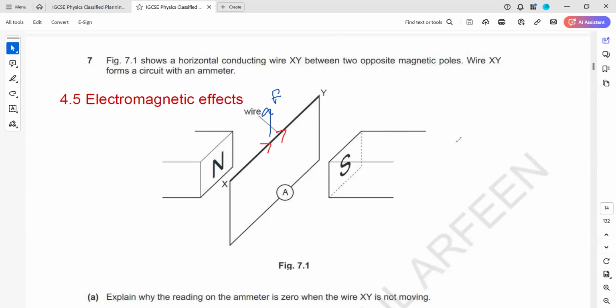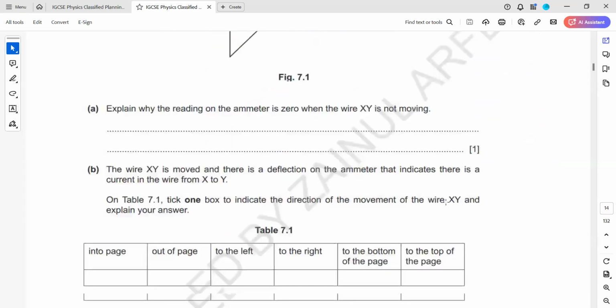What actually happened is we have a magnet, we have two magnetic poles. The wire is in the magnetic field. We move the wire, and because of the motion of the wire there is a change in magnetic field, and this change in magnetic field produces a current from X to Y. So that's why the direction of the motion is upward, or to the top of the page.